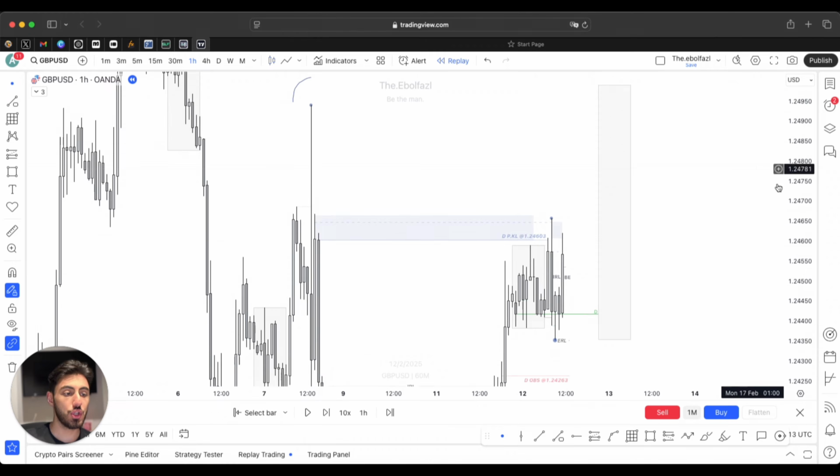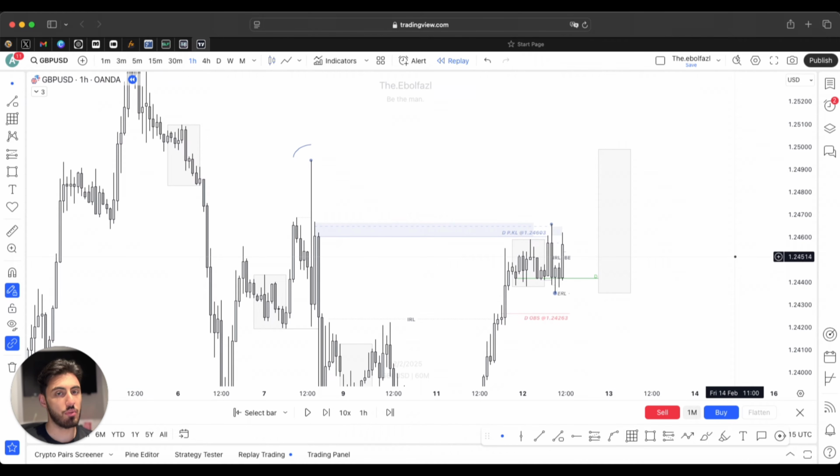And for the direct entry, the refinement is pretty much going to help you have a higher risk to reward and a smaller stop loss. For the direct entry, I personally put my stop loss above the strong high of my major range, or below the strong low of the major range.